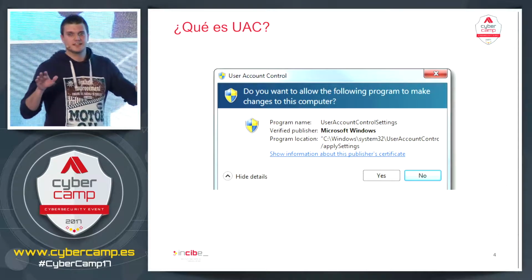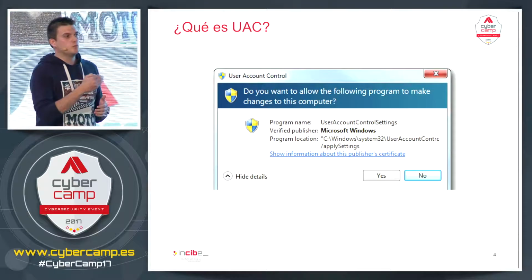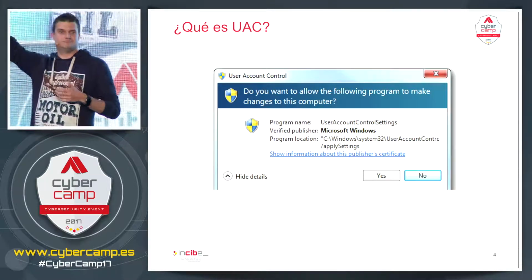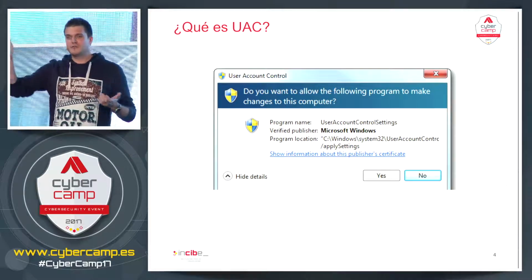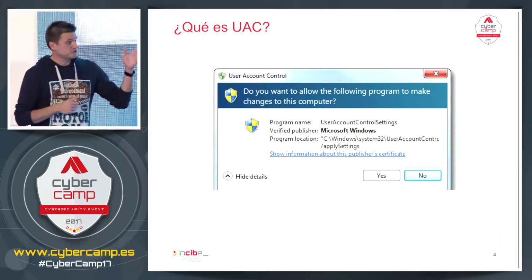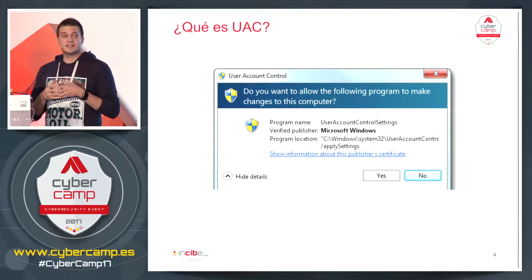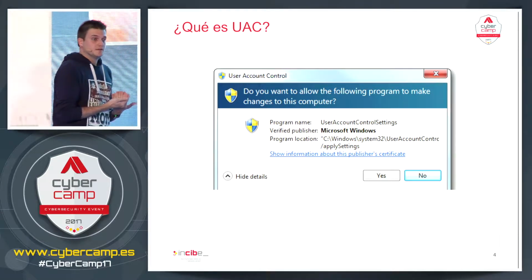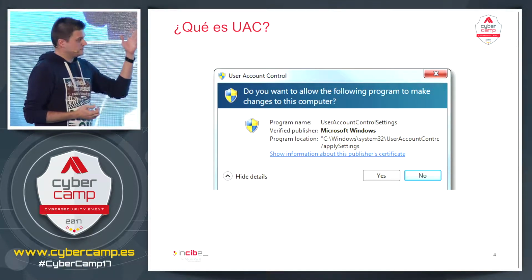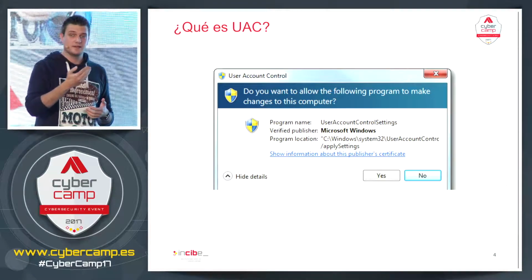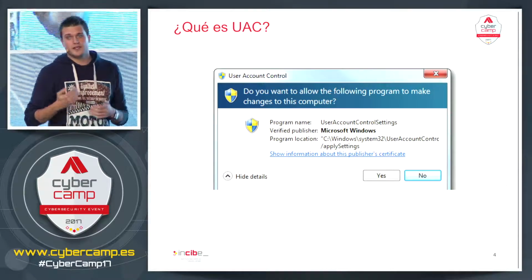So what's UAC? UAC is this message. All of you, whenever you've interacted with Windows, have come across this. Who hasn't? I'm sure you've all seen this yes and no message. This is UAC, User Account Control, a security system of Windows under Microsoft, introduced in Windows Vista.